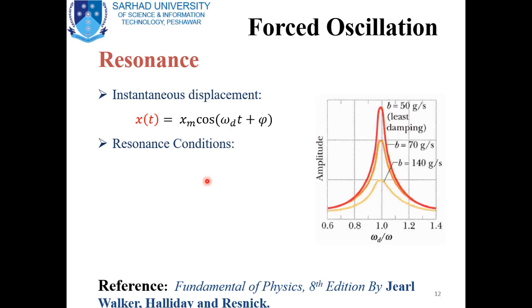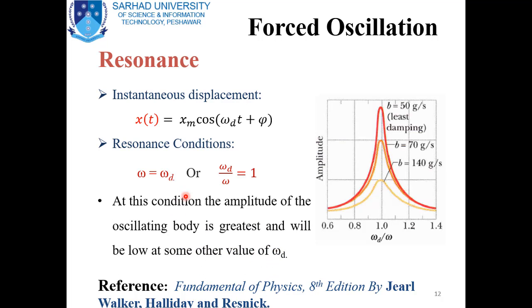The resonance condition is when the forced frequency is equal to the natural frequency of the oscillator, or when the ratio of the forced frequency to the natural frequency becomes 1. At this condition, the amplitude of the oscillating body is the greatest, and it will be lower at other values of omega d.